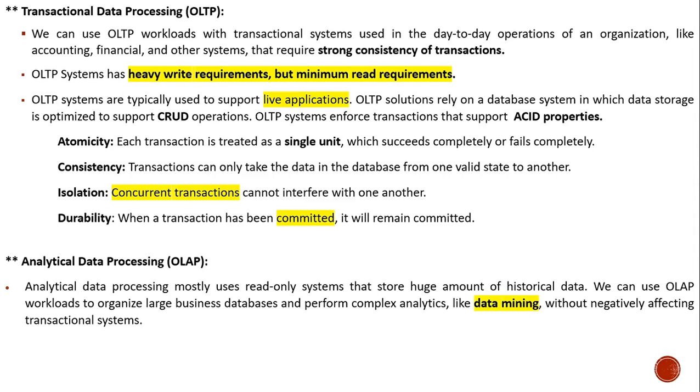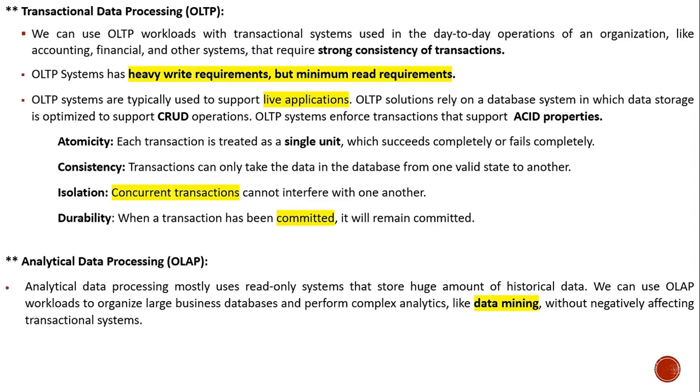We use OLTP systems where strong consistency is required and heavy write requirements are there, but minimum read requirements. What is write requirement? Write requirement means creating, updating and deleting the data. But read requirement means fetching the data.